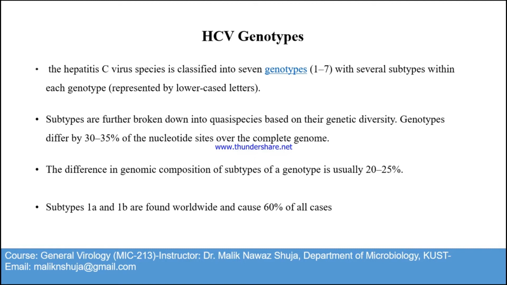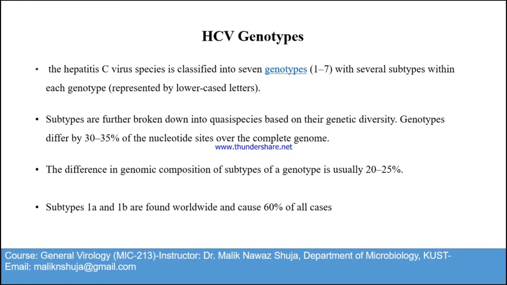All the nucleotides were sequenced and categorized for simple understanding, following the ICTV rule criteria for demarcation. So only 7 genotypes have been made in HCV. All these genotypes show variation from one group to another of up to 30 to 35%.